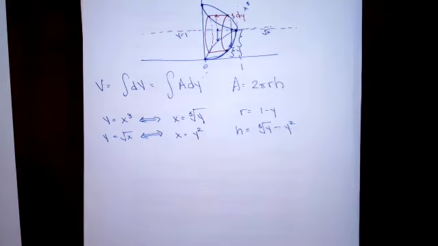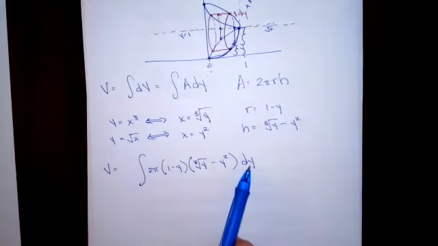And now here's the tricky part. We do have to mind the bounds. And since we're integrating with respect to y, we want to know what the bounds for y are. And it's easy to overthink this. The y values we're integrating start at 0 and go up to 1. In some sense, it's almost a little backwards compared to the other ones we've done.